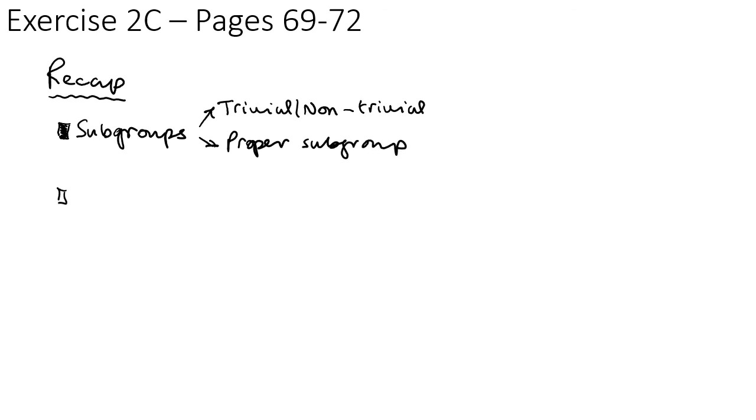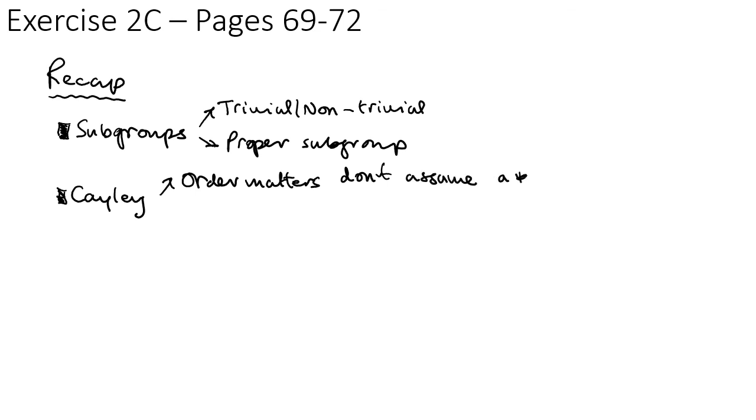When you've got a question and you need to fill in a Cayley table, it's important the order matters. So don't assume that A star B equals B star A. Okay, it may be that they don't equal each other.